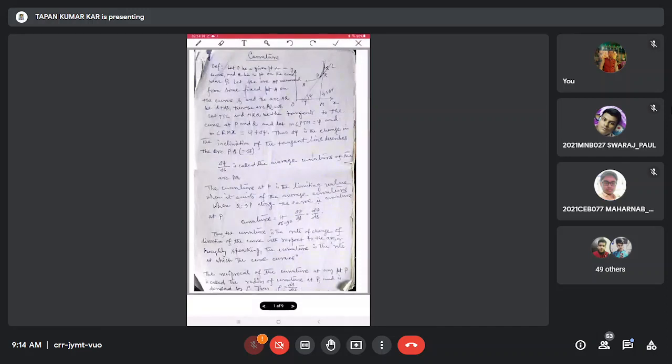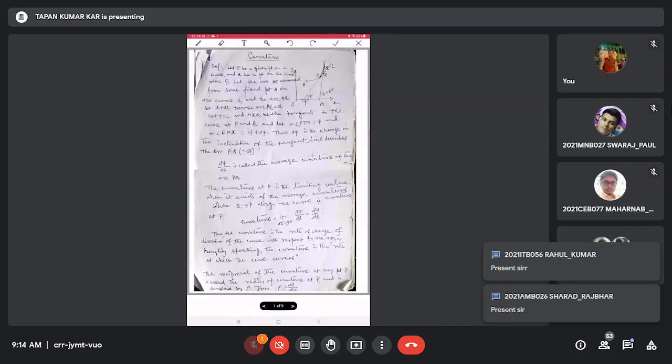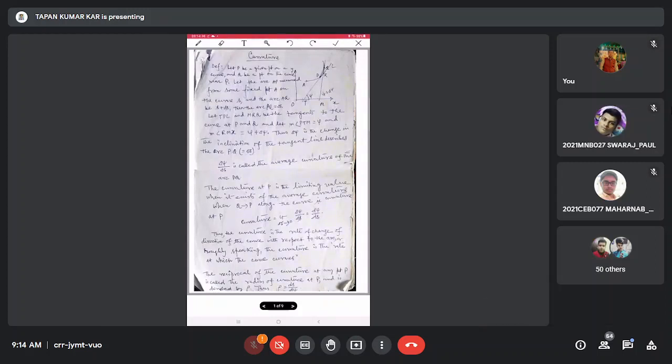One thing you must remember is that there are some methods to determine the curvature and radius of curvature. Curvature and radius of curvature are inverses of each other. And one more thing: radius of curvature is a length. So if at any stage it is found negative, then you will consider only the positive value.